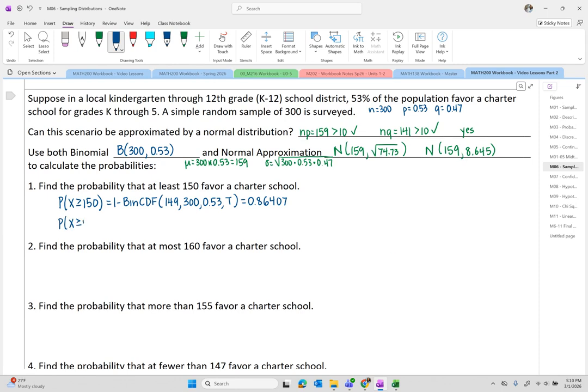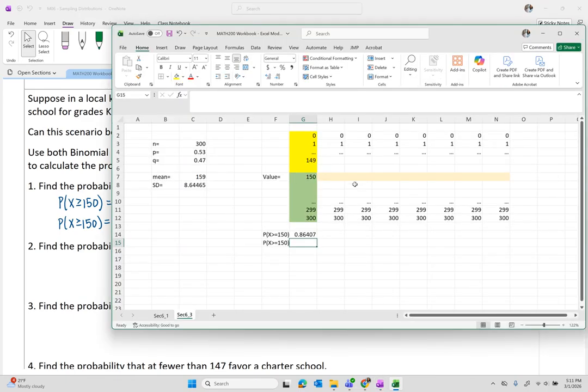It's the same thing. We didn't use it in project 5, but we can use it now. So the normal distribution will do the same thing. If I want to calculate the probability from 150 going up, then I will want the rectangle of 150 to be included.